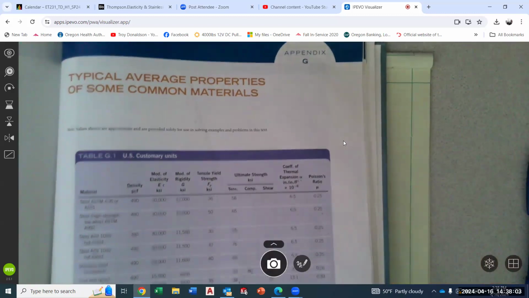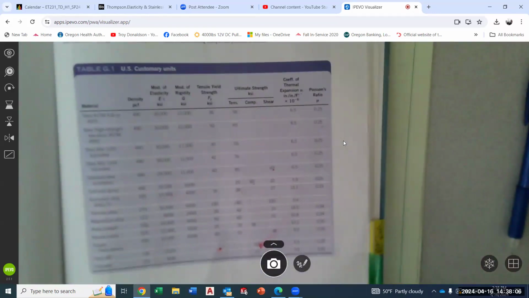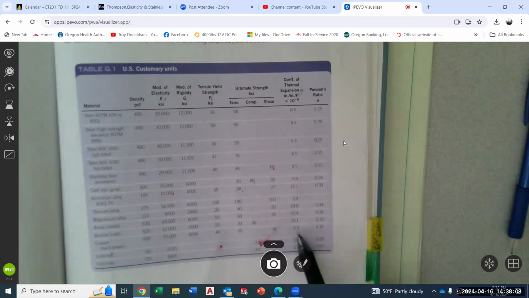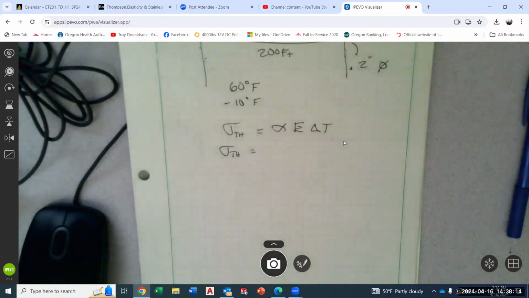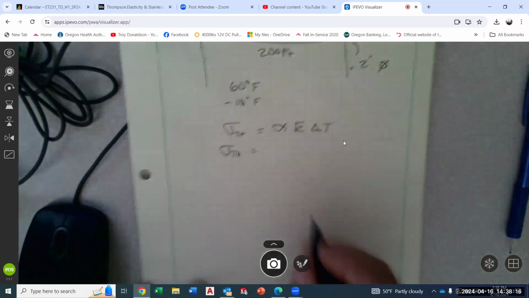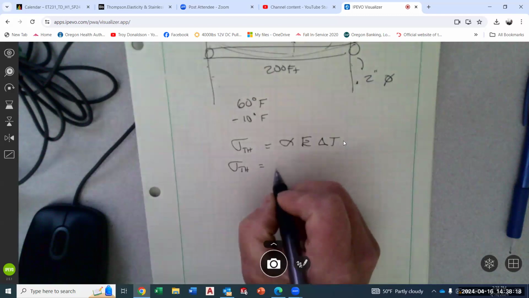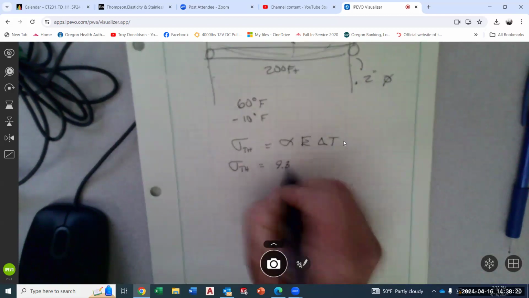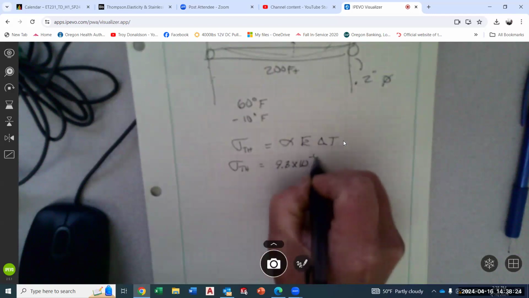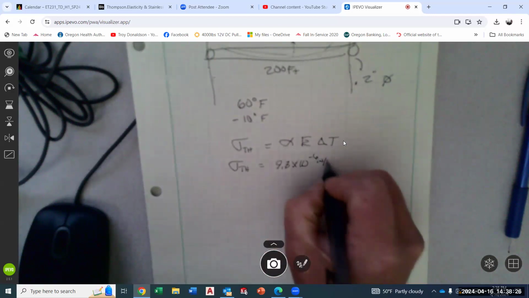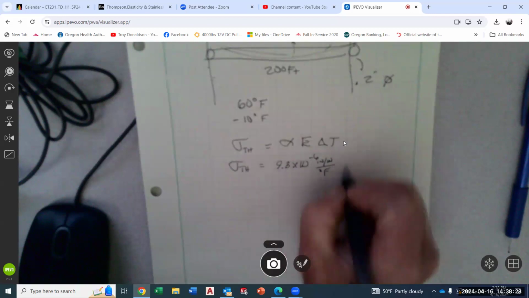So copper down here is 9.3 times 10 to the -6 inches per inch per degree Fahrenheit.